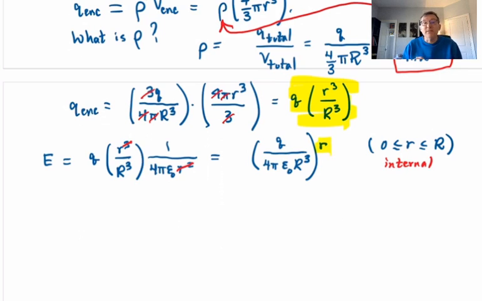The r is upstairs, and it's not an r squared, and it's not downstairs. It's upstairs. So when you're at any point in the interior of this solid, the electric field grows linearly with r as you go farther out. I do want to show you another way to write this result, okay? Because you'll see this sometimes.